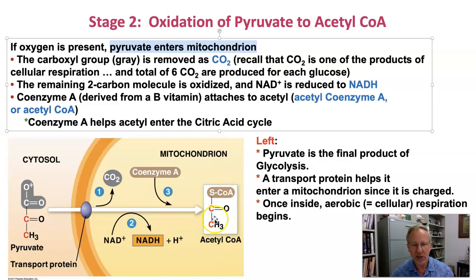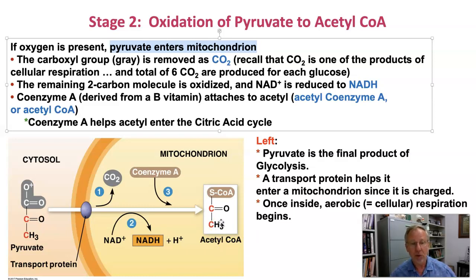That coenzyme helps the acetyl to enter the citric acid cycle, which is also going on inside the mitochondria in the matrix. So those are the 3 steps that occur after pyruvate moves into the mitochondria through this transport protein. A carbon dioxide is released, electrons are removed and given to NAD to make NADH, and coenzyme A attaches to this little acetyl molecule, making what's called acetyl-CoA.